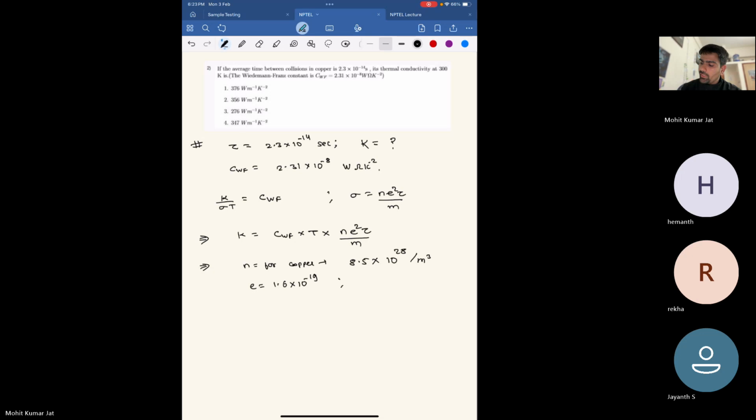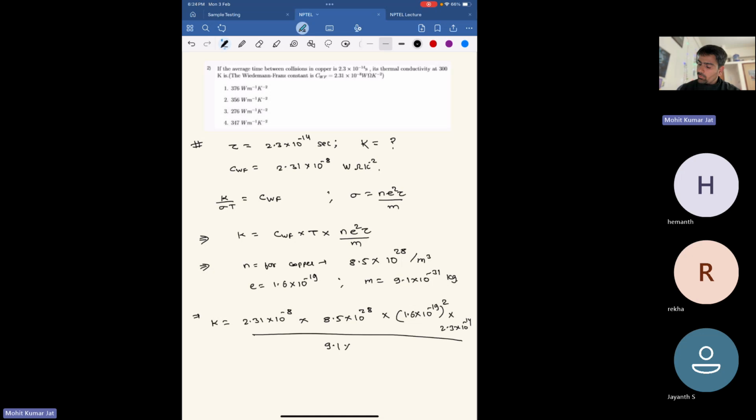Tau is given, and the mass is 9.1 × 10^-31 kg. This gives kappa to be 2.31 × 10^-8 times n, which is 8.5 × 10^28, and e is 1.6 × 10^-19 squared, tau is 2.3 × 10^-14, divided by 9.1 × 10^-31.